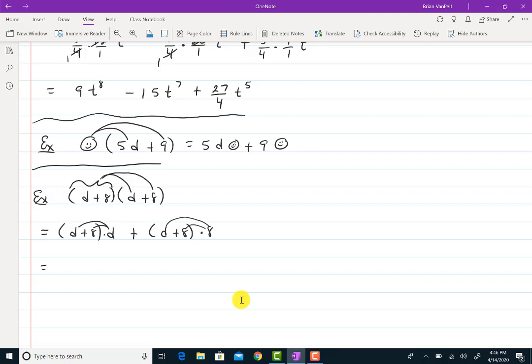So what I'll get is d squared plus 8d plus, and then I'll get a d8, which you can just call 8d, and then finally 8 times 8 is 64. So I get d squared plus 16d plus 64.